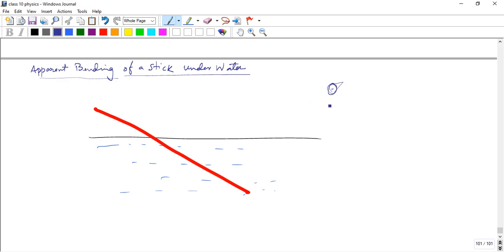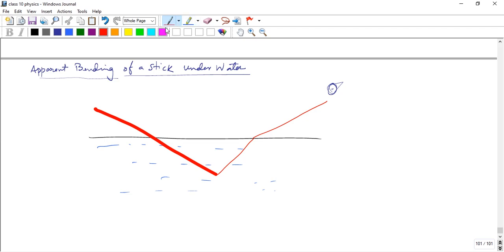Suppose now the bending of light from denser to rarer medium.